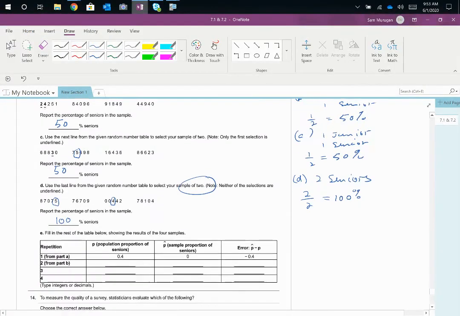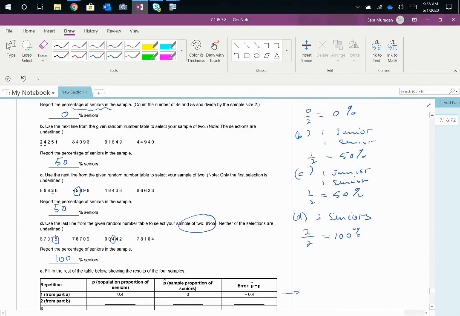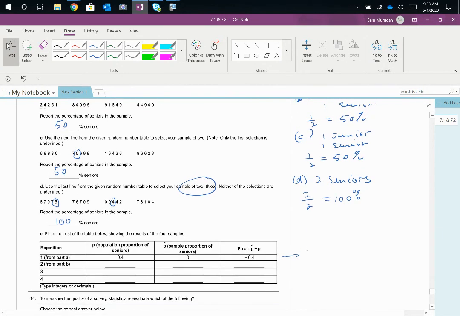Okay, moving on here. They've given us a pretty good idea. Let's look at how they analyze this. The population proportion of seniors: we have 2 out of 5, 2 seniors in every group of 5, which is 40% or 0.4.